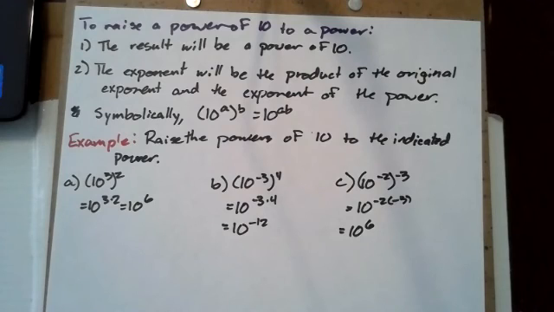So if I have 10 cubed, squared, that's 10 to the 3 times 2, that's 10 to the 6th. 10 to the negative 3, to the 4th, is 10 to the negative 3 times 4, which is 10 to the negative 12th. 10 to the negative 2, to the negative 3, is 10 to the negative 2 times negative 3, which is 10 to the 6th.